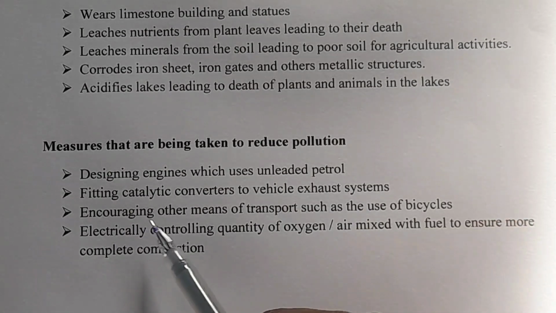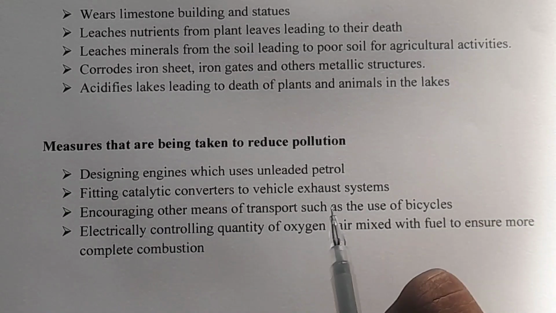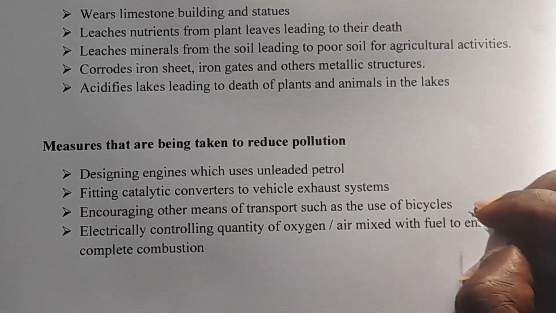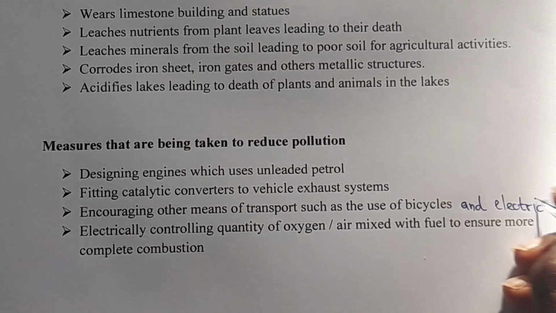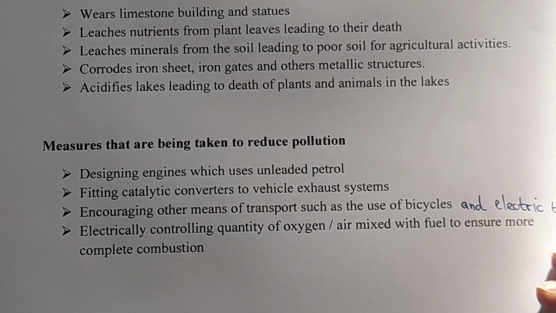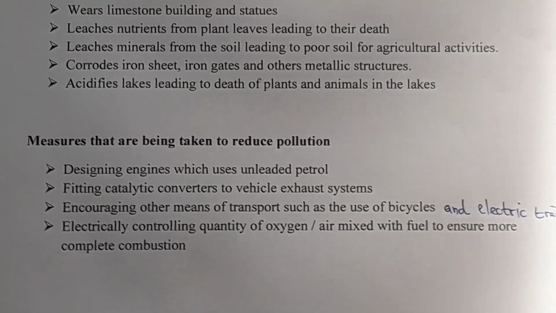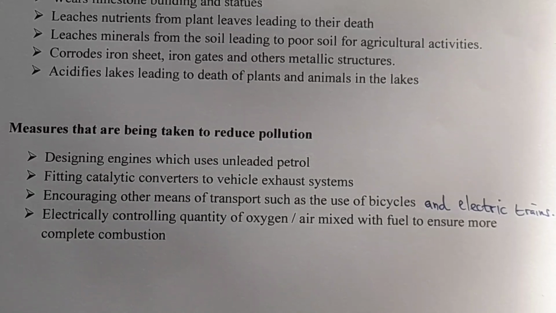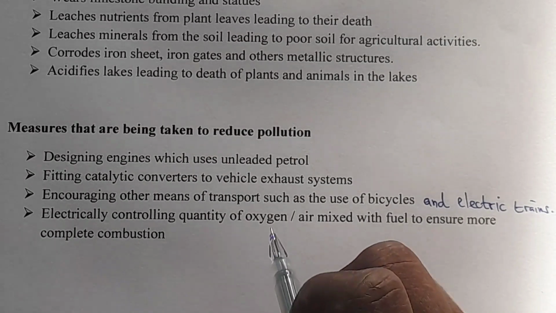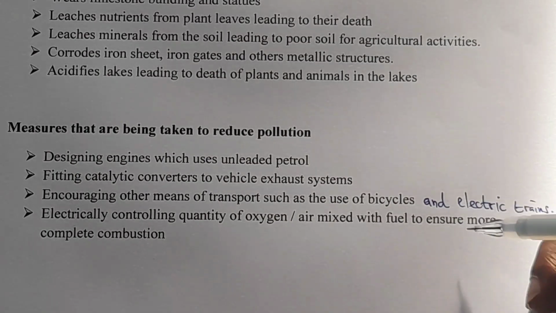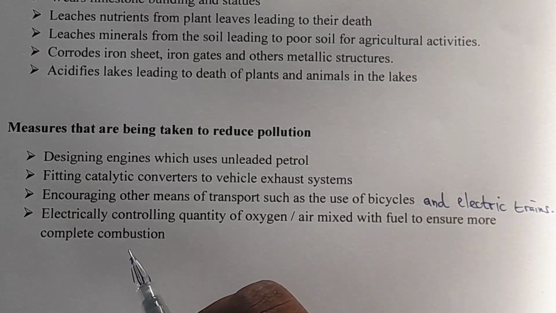Number three, encouraging other means of transport, such as the use of bicycles and electric trains. Lastly, electronically controlling the quantity of oxygen or air mixed with fuel to ensure more complete combustion. That is the end of our lesson.